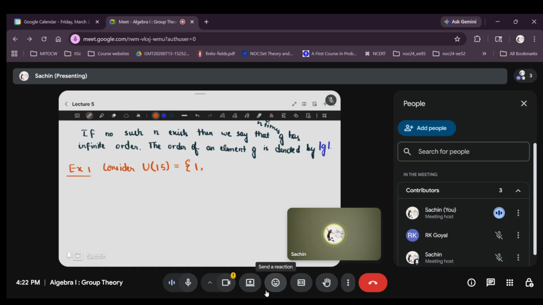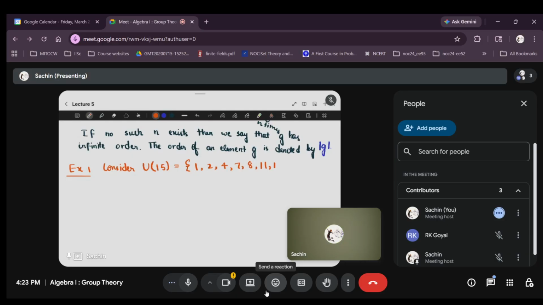So 1 is relatively prime to 15. 2 is. 3 and 15 have a common factor 3, so it's not relatively prime. 4 is relatively prime. 5 and 15 have common factor 5. 6 and 15 have common factor 3. 7 and then 8. 9 and 15 have common factor 3. 10 and 15 have common factor 5. 11. 12 and 15 have common factor 3.